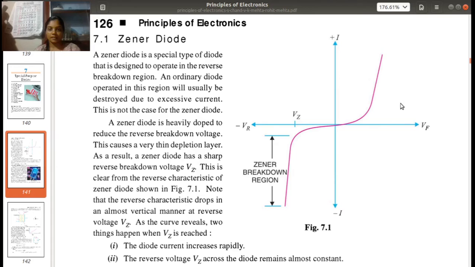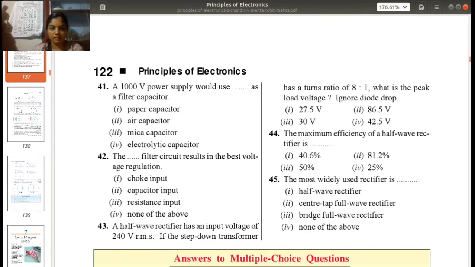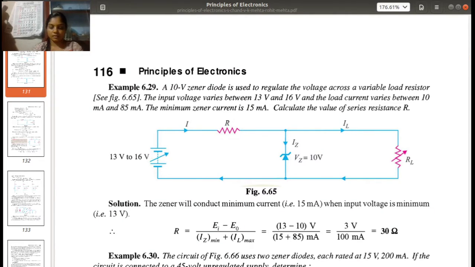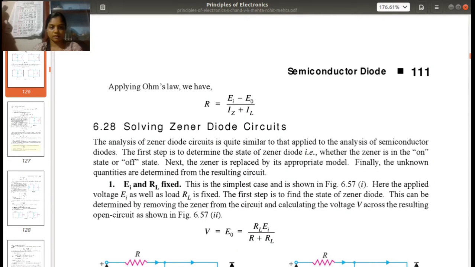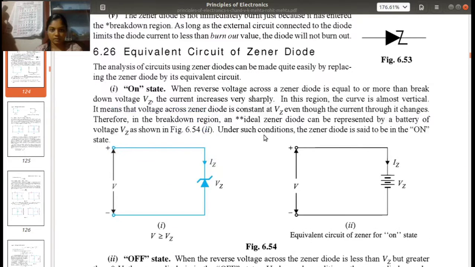So this is the characteristic curve of the Zener diode, and the symbol of the Zener diode I can show here.